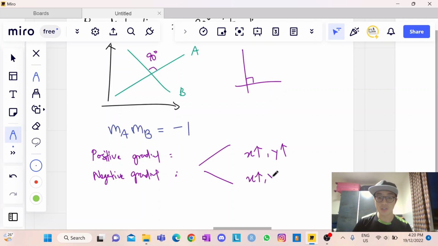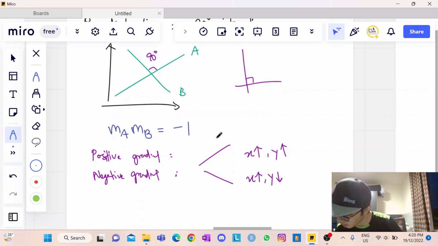So if x increases, y decreases. This might be the reason why MA MB is equals to -1. But just memorize it. So you see the perpendicular word, then the first formula that will come up to your mind is the gradient of A multiplied with the gradient of B is equals to -1. And all the other steps are the same to look for an equation of a straight line.